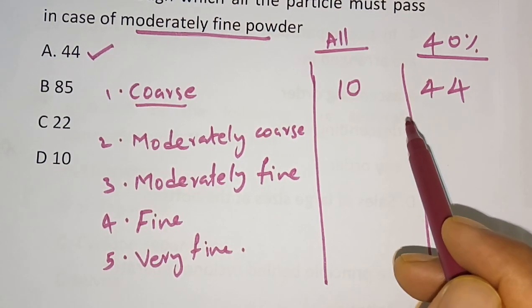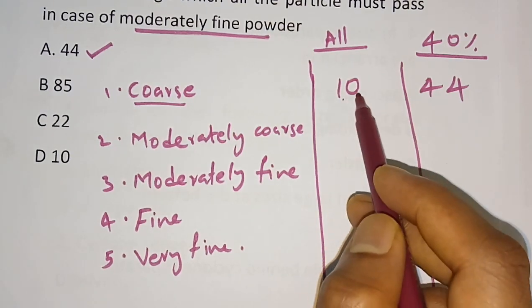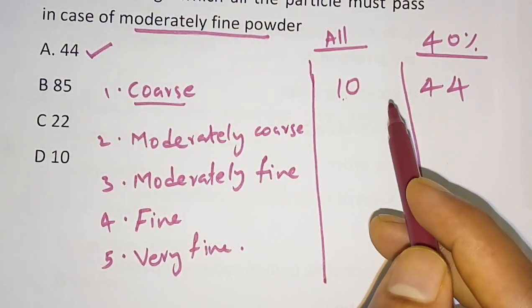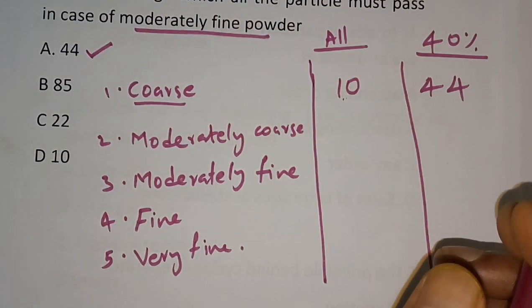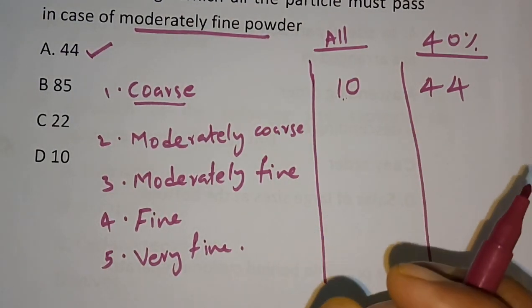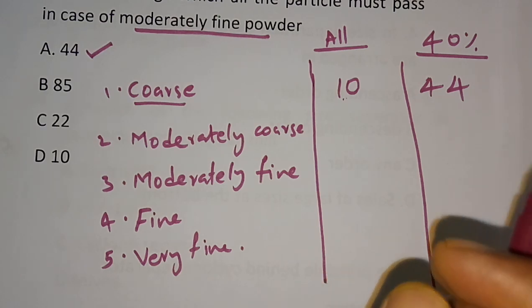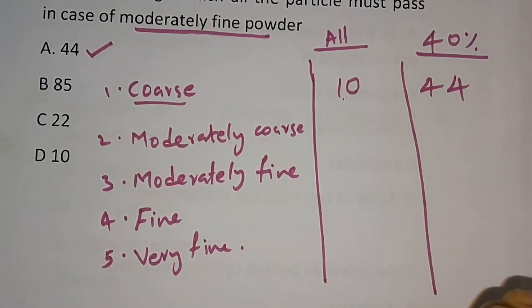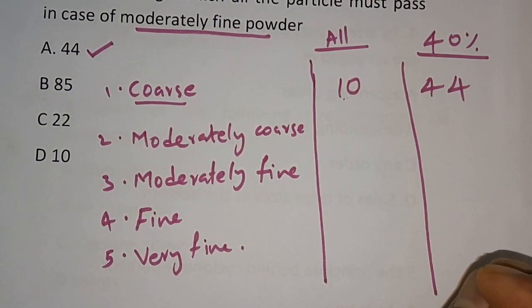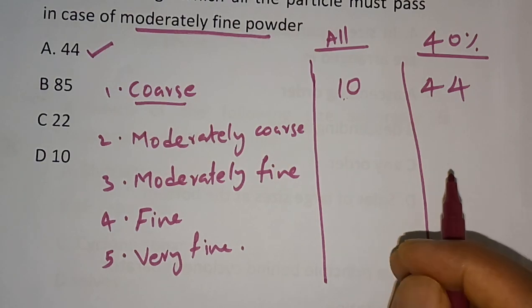Now, sieve number actually indicates the mesh, the number of apertures in 2.5 centimeters in each direction.